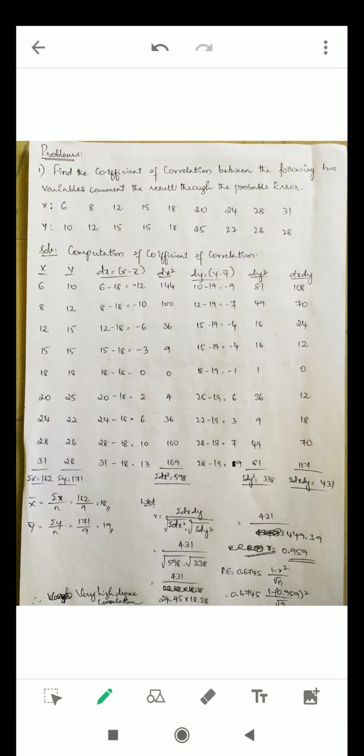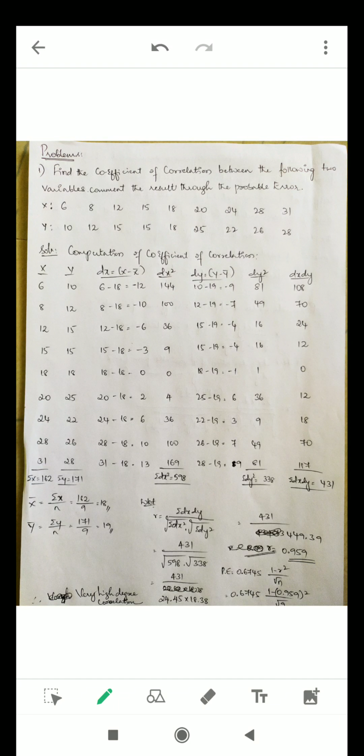Summation x is 162 and n is the number of variables. We have 9 variables here. If you divide 162 by 9, the value will be 18. In the same manner we calculate y bar. Summation y we got is 171 divided by the number of variables, 9, we will get 19 as the y bar value.